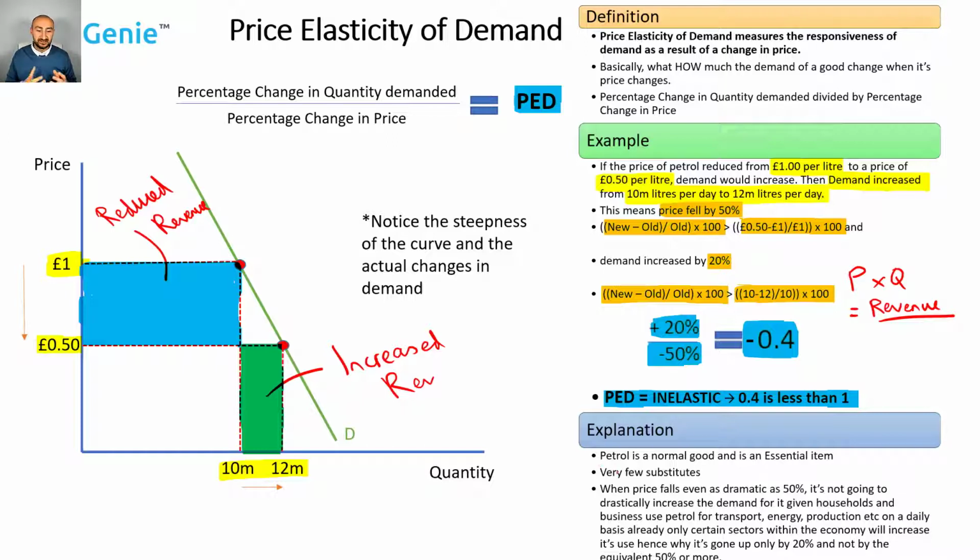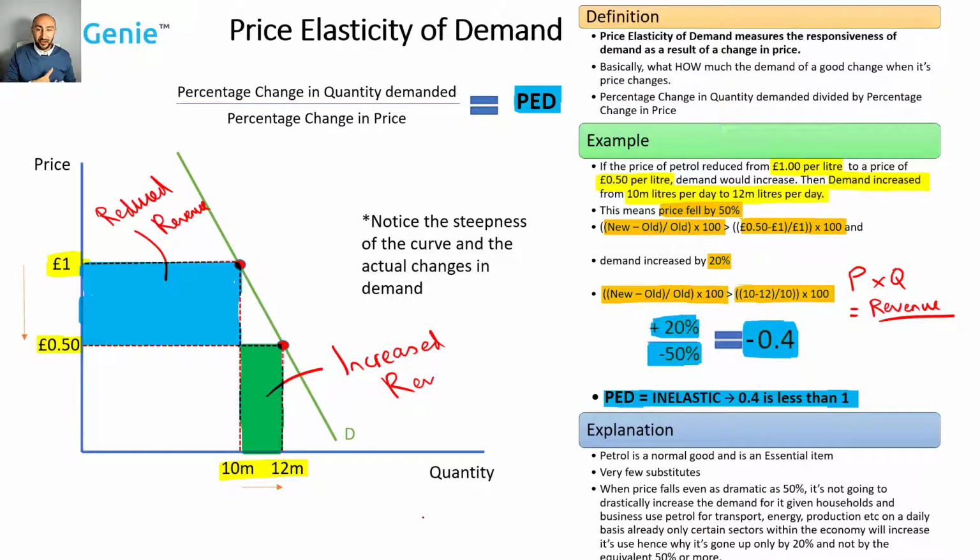There are other products like petrol. It's a normal good, and therefore it's an essential item. There are very few substitutes. Even if the price falls as dramatically as that 50%, it's not going to drastically increase the demand for it, given households and businesses already use the petrol for transport, energy, production on a daily basis.